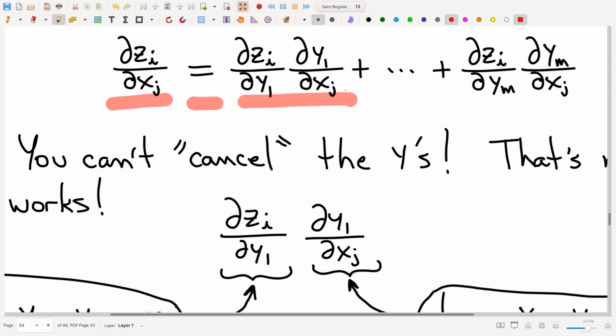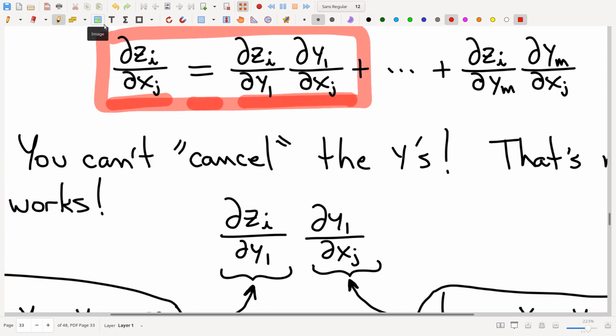I need all of these terms. But once I write this part down, I kind of feel like maybe I'm done. I mean, look at this. It would seem like that and that kind of cancel, and doesn't that give me then the partial of zi with respect to xj? It really looks like it ought to work.